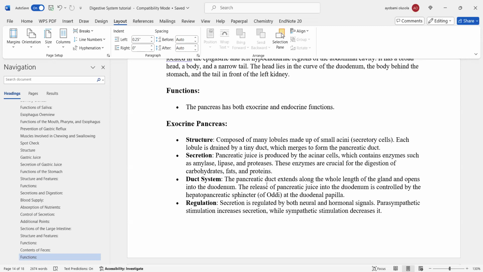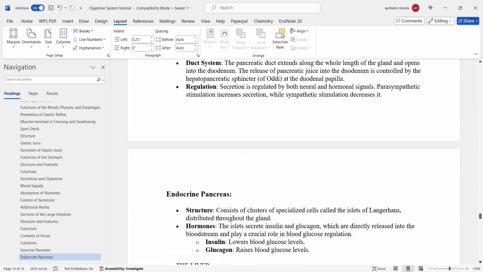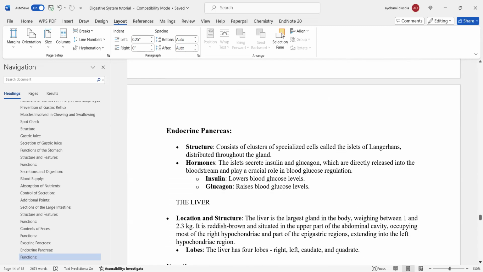You don't need the regulation of this secretion. Nobody will ask you. It's beyond the scope of your study. But note that the pancreatic juice that contains amylase, lipase, protease for the digestion in the small intestine is produced by the pancreas, of course, from the name.